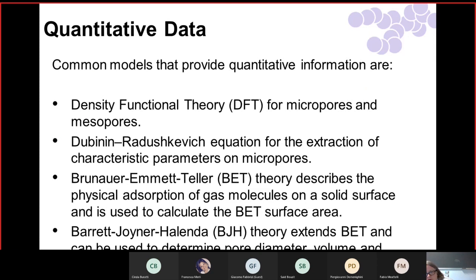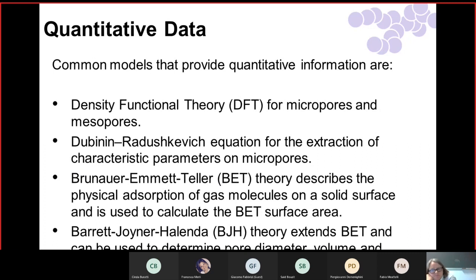The two things that we're most interested in for the aerogels are the Brunauer-Emmett-Teller theory, the BET theory, which describes physical adsorption of gas molecules on a solid surface, and from it we calculate surface area. I will show you that calculation. And then the Barrett-Joyner-Halenda, the BJH theory.